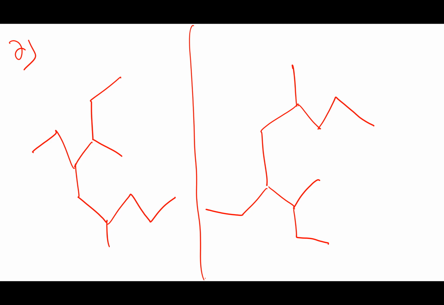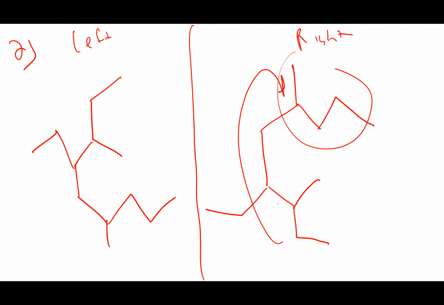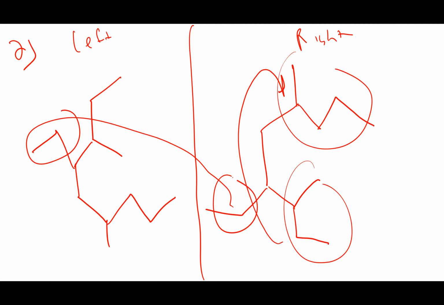And if you flip this, I'll just call this one the left, and I'm just going to call this one the right. If you flip this right here, this stuff is going to come down, this stuff will come down, this stuff will come up, and you'll get the same compound. And this will be this stuff right here.